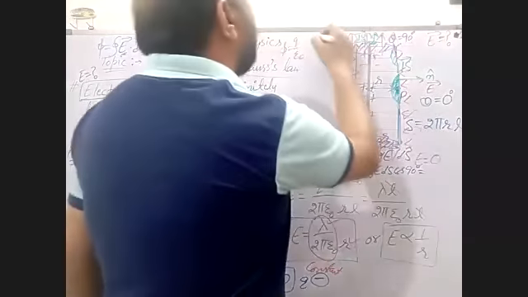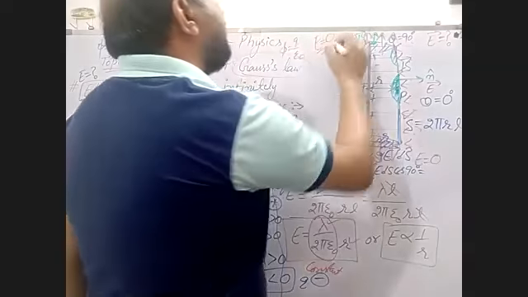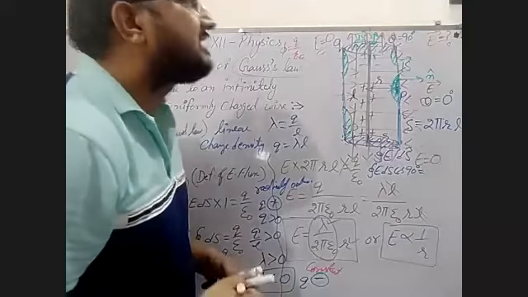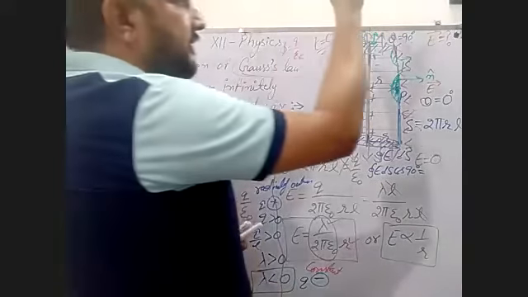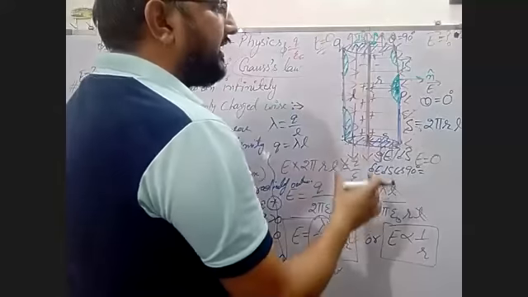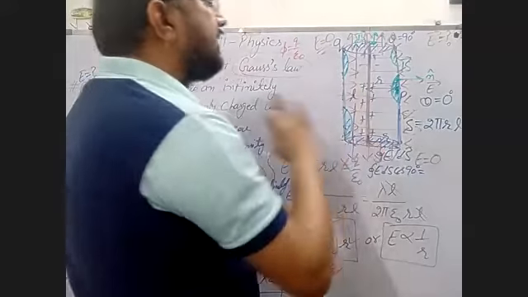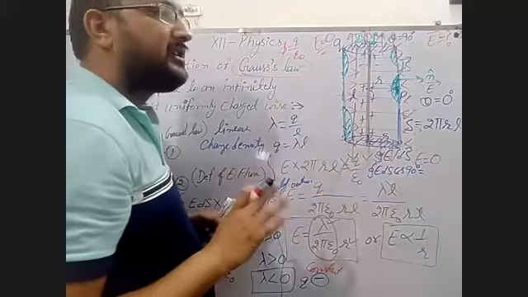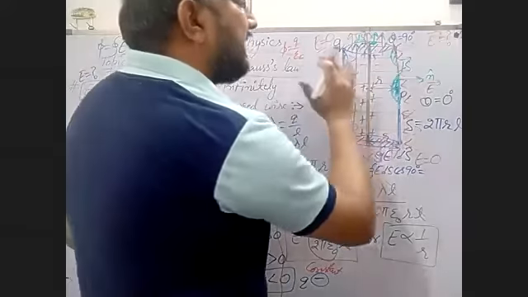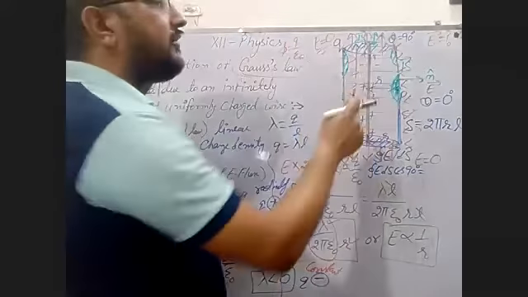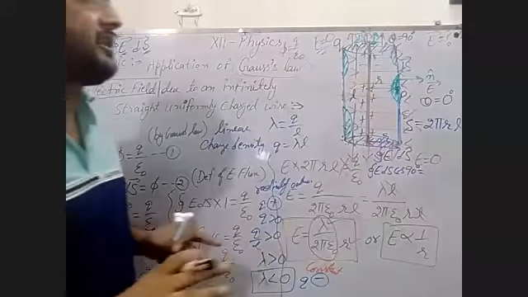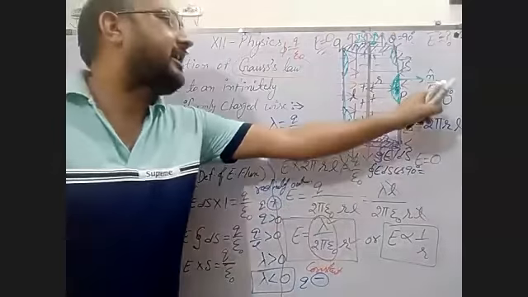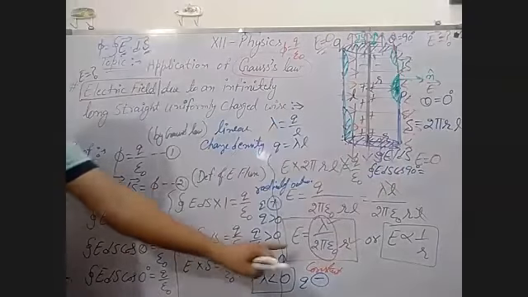So you can take the value of electric field vertically upward or vertically downward on this wire as 0. Electric field value is 0. Only around it, only the radial portion of this wire, you have to take the value. You can take the value of electric field by this formula.